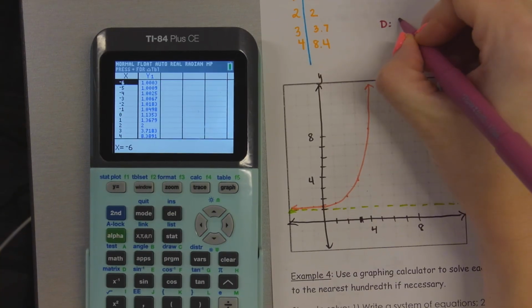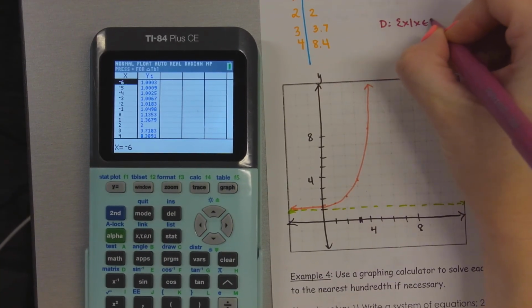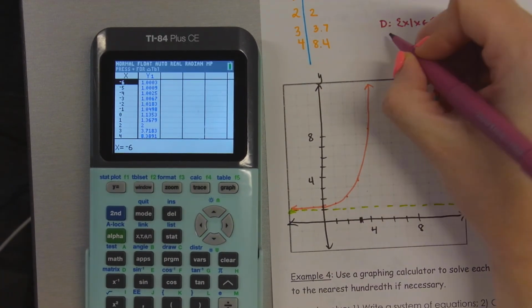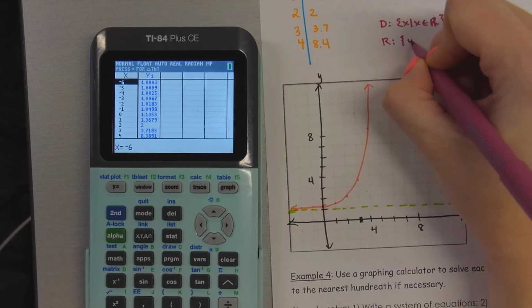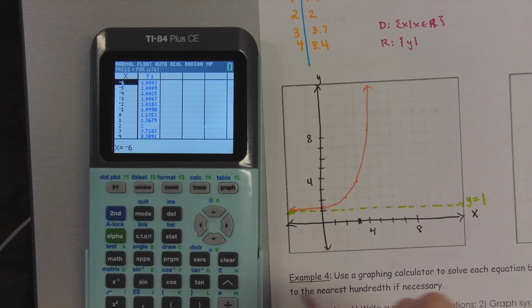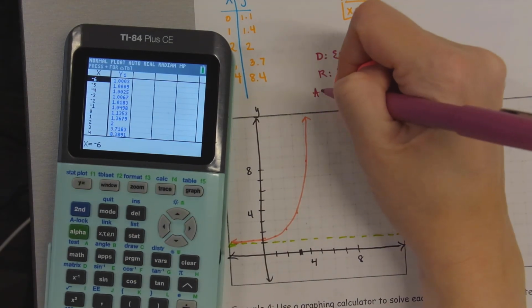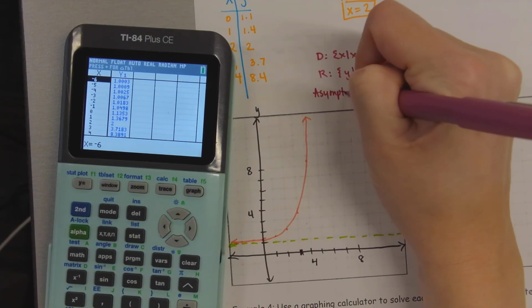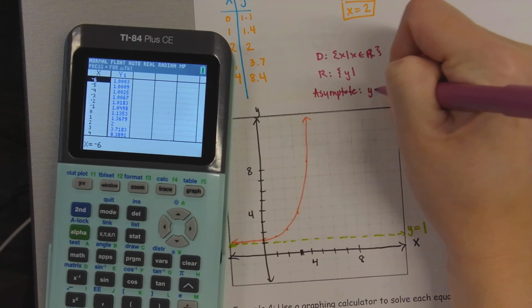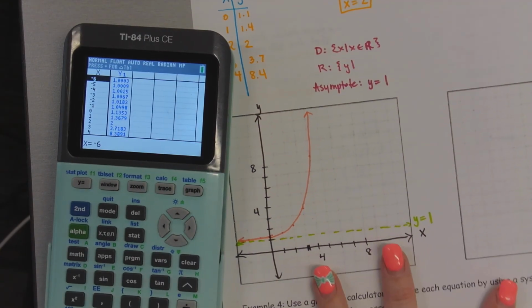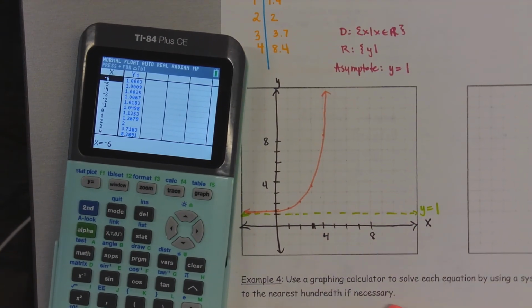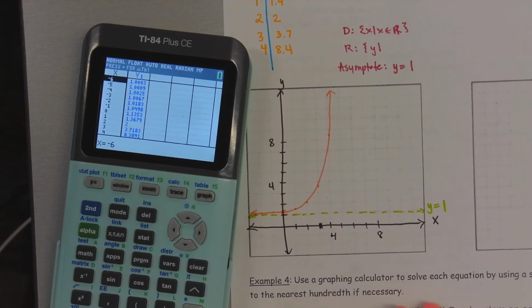Okay, your domain is all real numbers. Your asymptote is at y equals 1, that directly relates to the range.